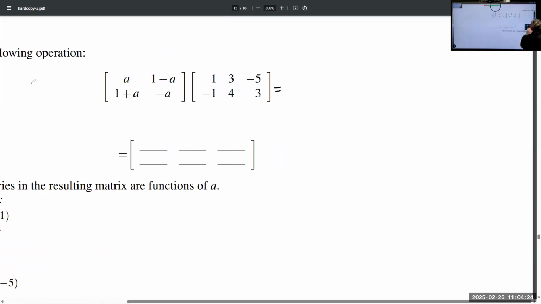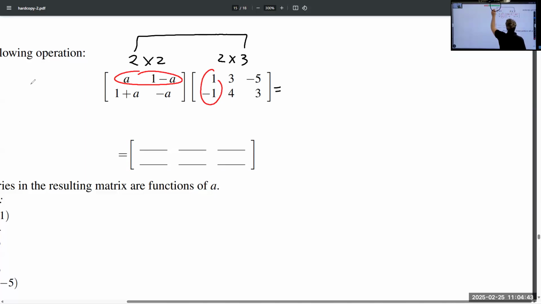Row by column. Row by column. And what do we have here? We have a 2 by 2, and we have a 2 by 3. So we're going to get a 2 by 3 out of this.